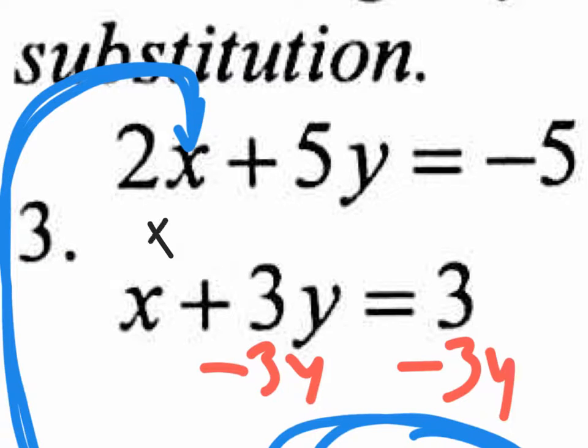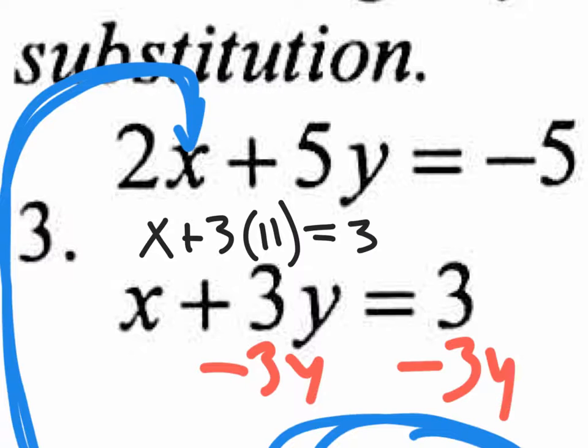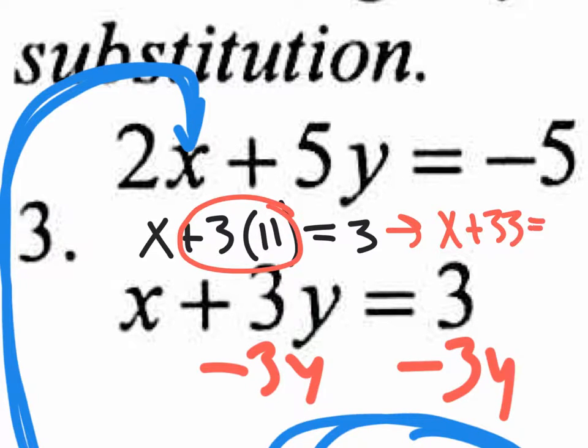So it's going to be x plus 3 times 11 equals 3. And of course, right here we get 33, right? So we're really going to have x plus 33 equals 3. And if I subtract 33 on both, I'm going to get x equals negative 30.